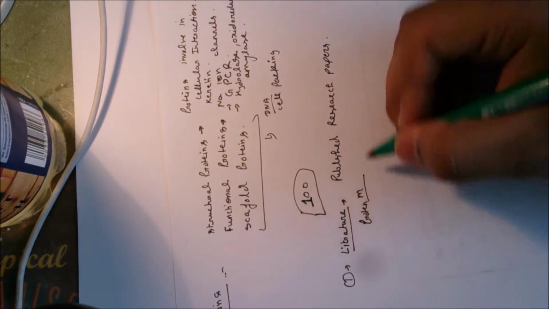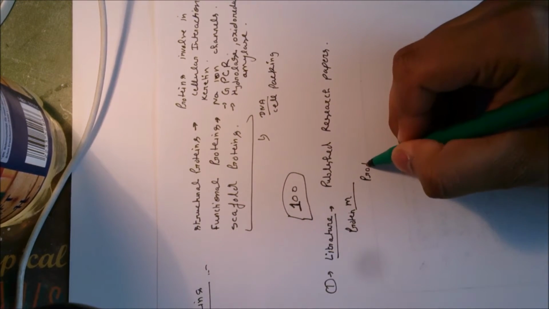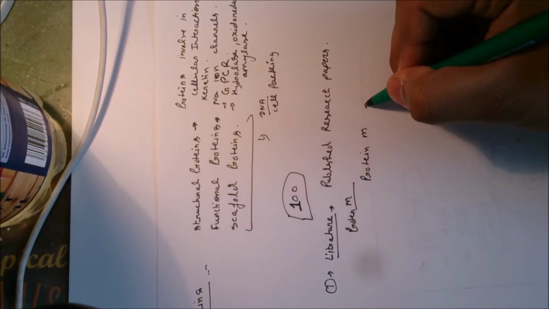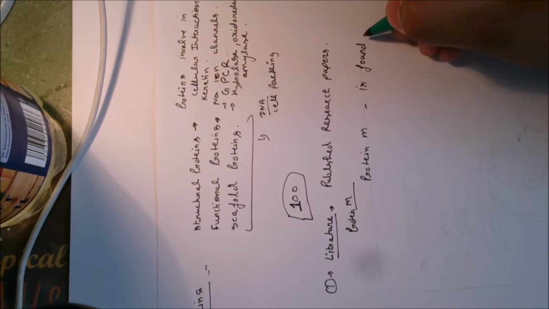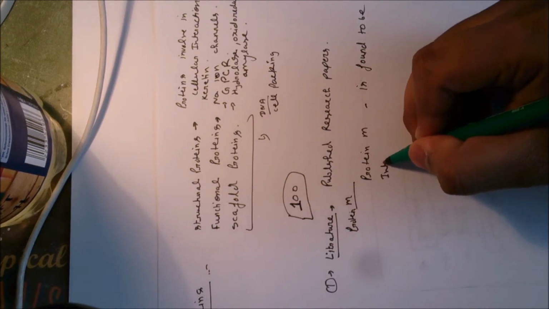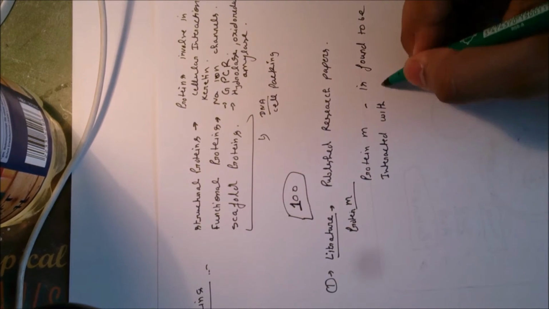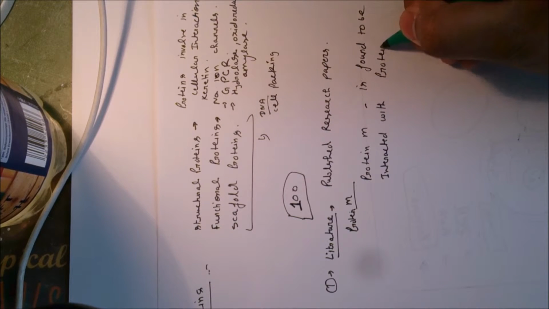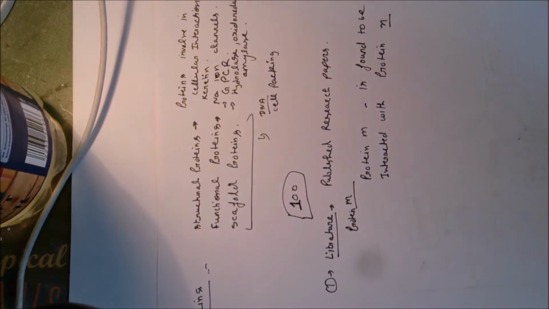And at the end of the paper, they are saying that the protein M is found to be interacting with protein N, and they have not characterized this protein N.